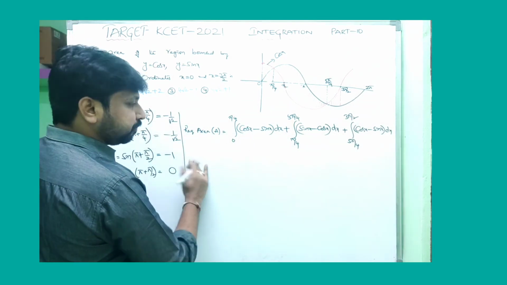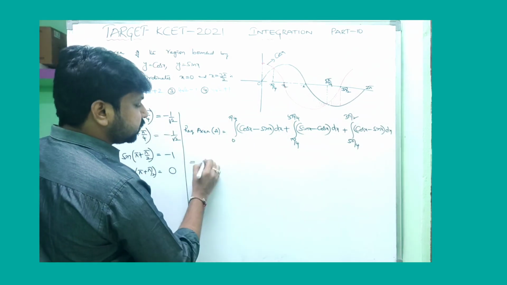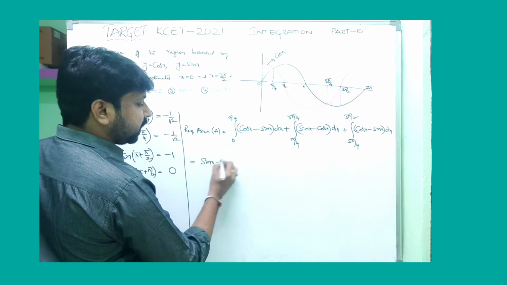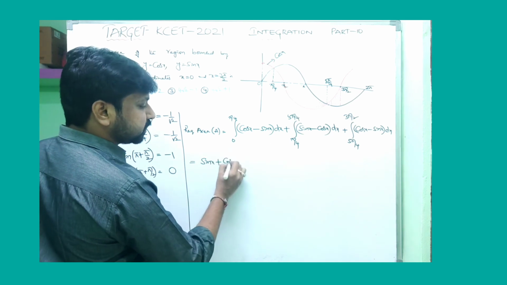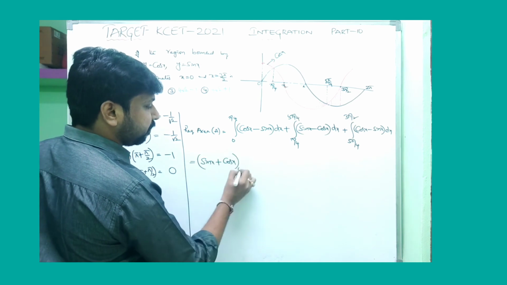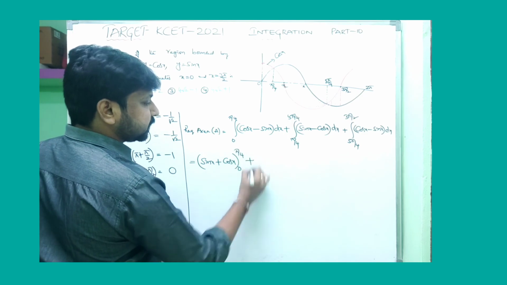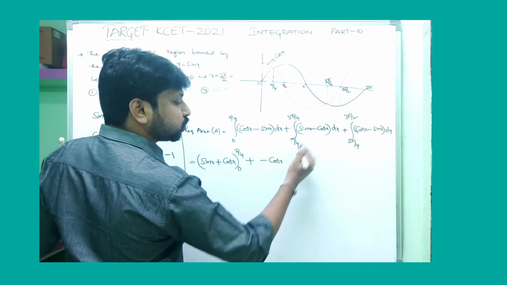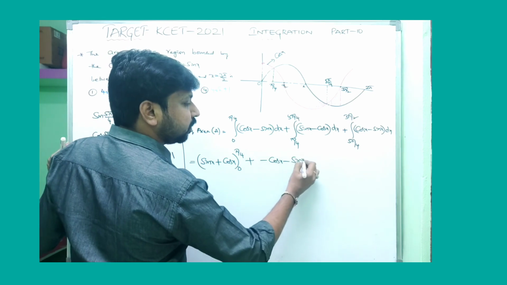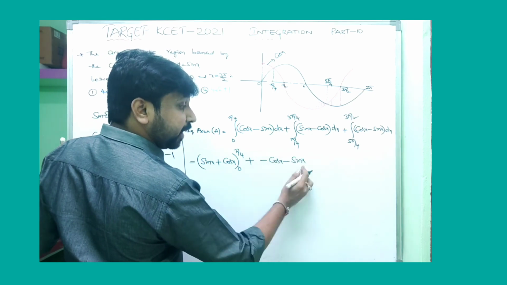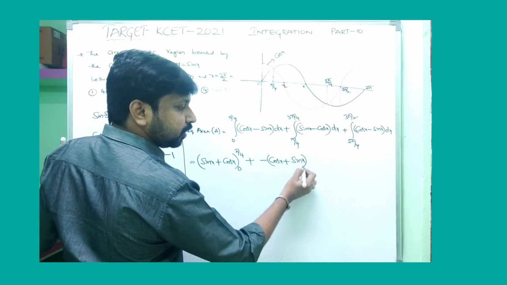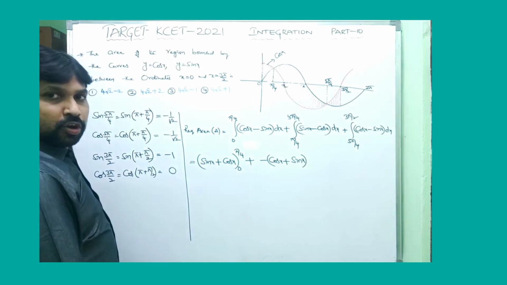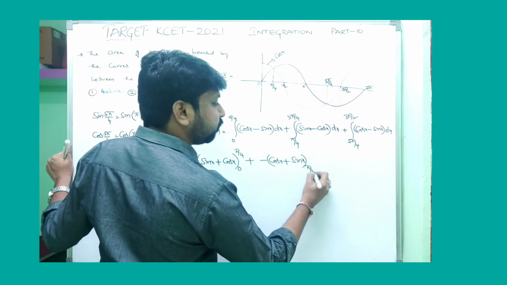Cos x integration is sin x. Minus sin x integration is minus cos x, minus of minus is plus, between the limits 0 to pi by 4. Plus sin x integration is minus cos x, of course cos x integration is sin x only. So you can take minus common also. If you take minus common, you get plus here between the limits pi by 4 to 5 pi by 4.